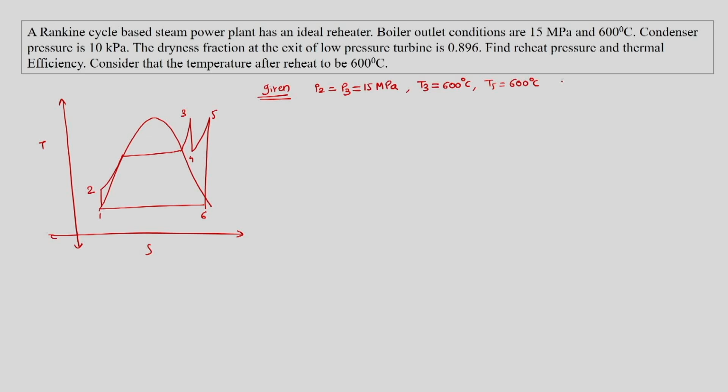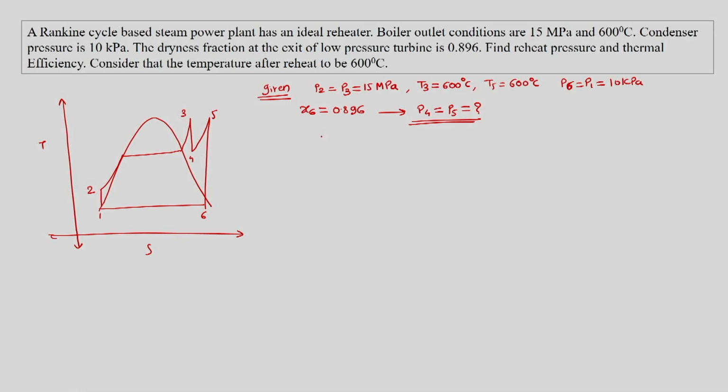We are told that P6 is equal to P1 is equal to 10 kPa, and we have X6 as 0.896. We are supposed to find out what is P4, what is P5. So this is what first thing which we have to find out.